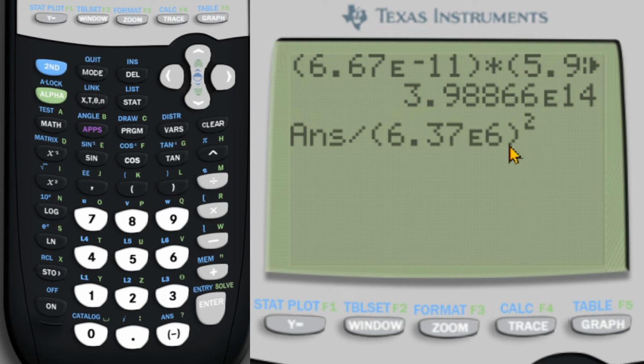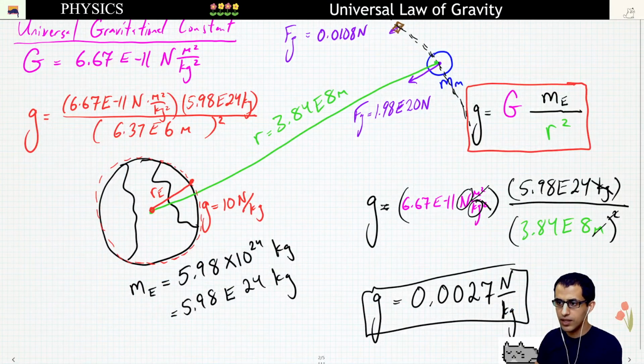We have to make sure that we square this value in the denominator. And we get 9.83, very close to the 9.81 value that we usually use. But we can just round that up to 10. And that's how we get our G equals 10 newtons per kilogram.